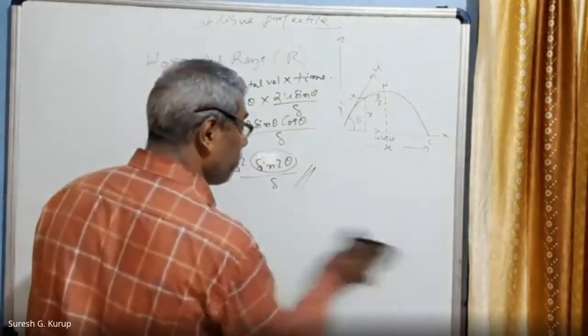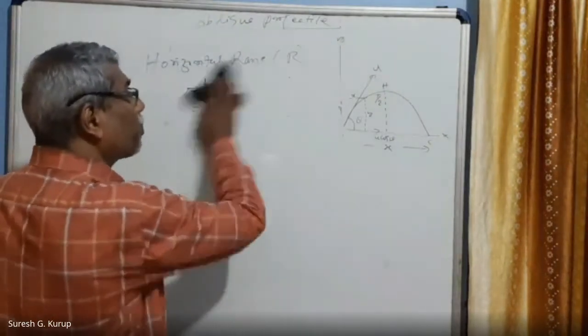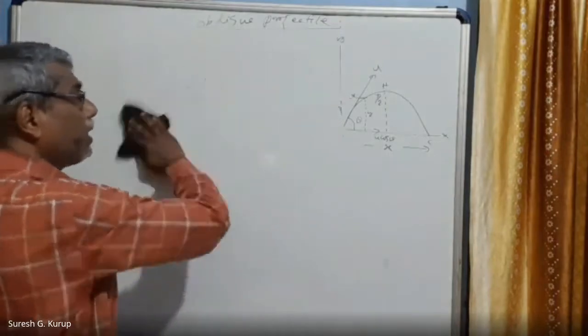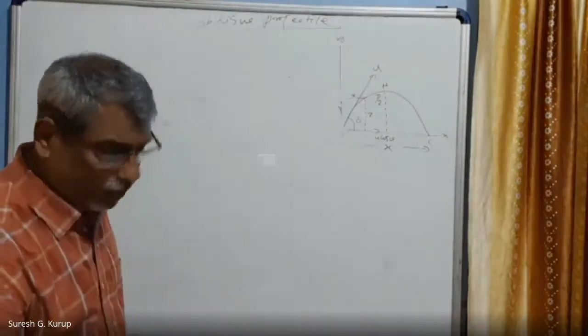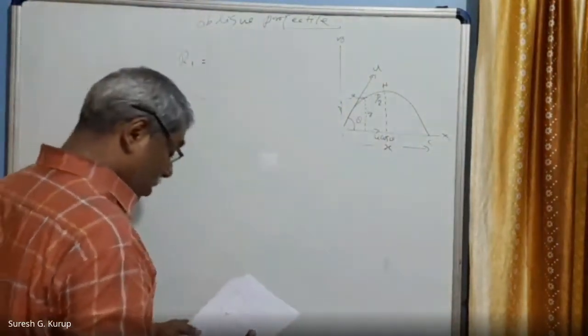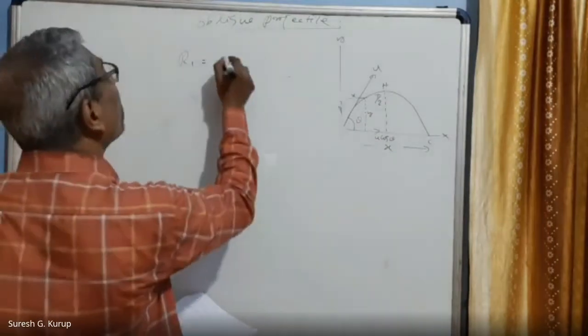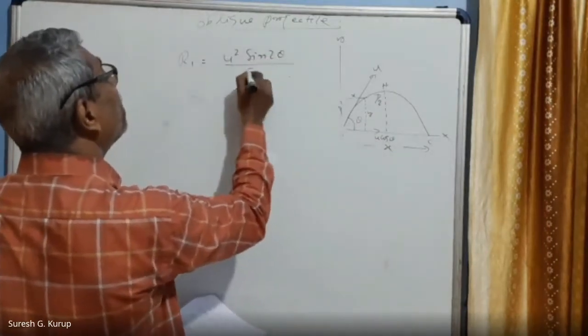That also can be proved. Suppose theta and 90 minus theta. If a body is projected with an angle theta, then the horizontal range R1 is equal to u square sine 2 theta divided by g.